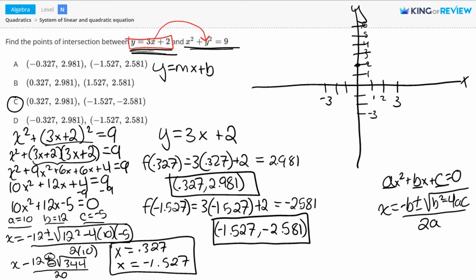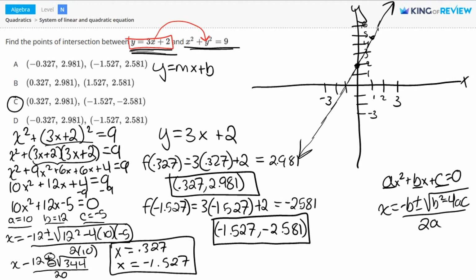So let's put a point here. And it has a slope of 3, which is up 3 over 1. So that would be about right here. Now we can use these 2 points to draw in our line. So here's our line.